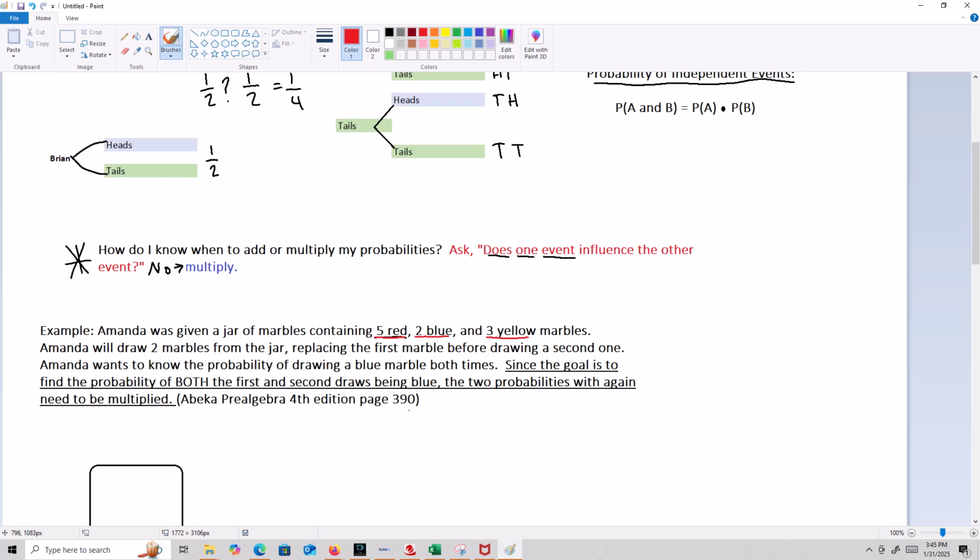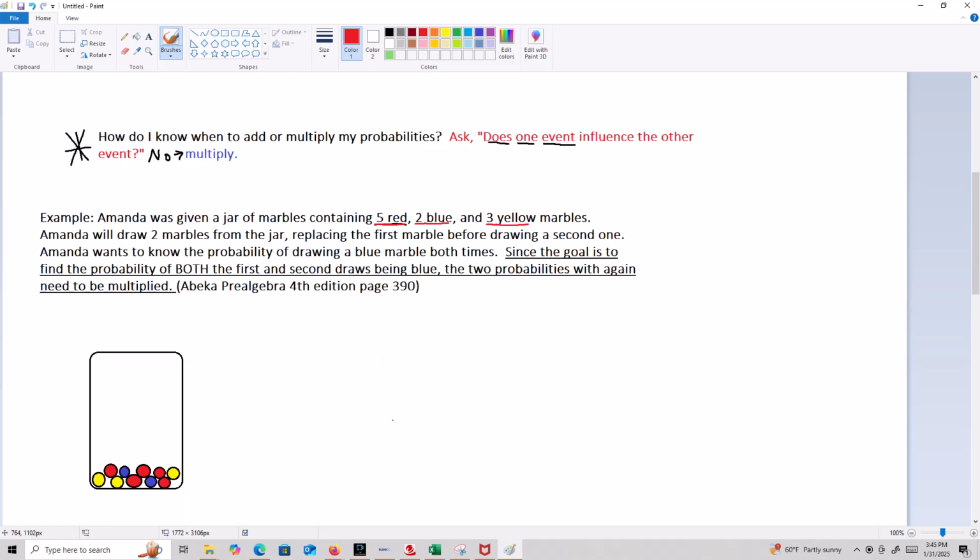Amanda is going to draw 2 marbles from the jar, but she's going to replace the first marble before she draws the second one. Amanda wants to know the probability of drawing a blue marble both times.